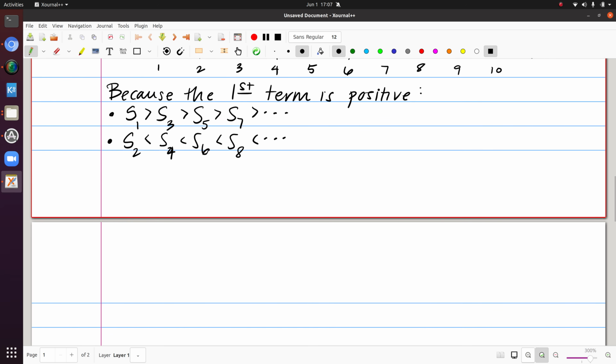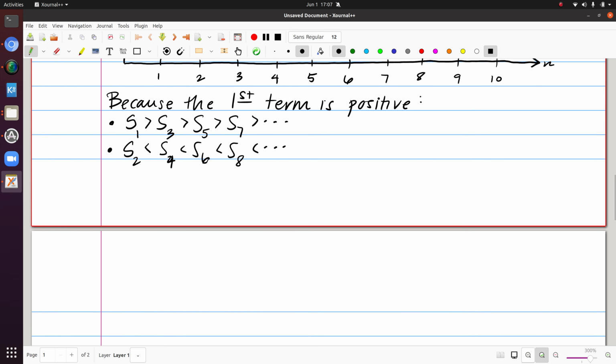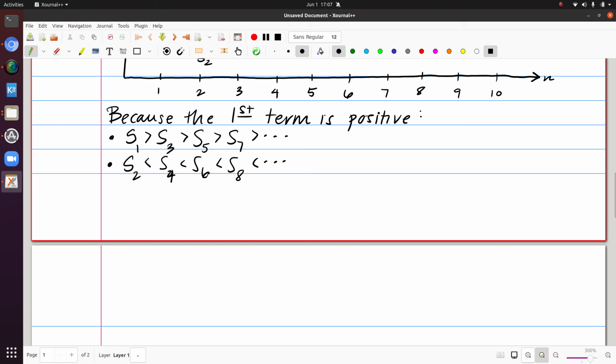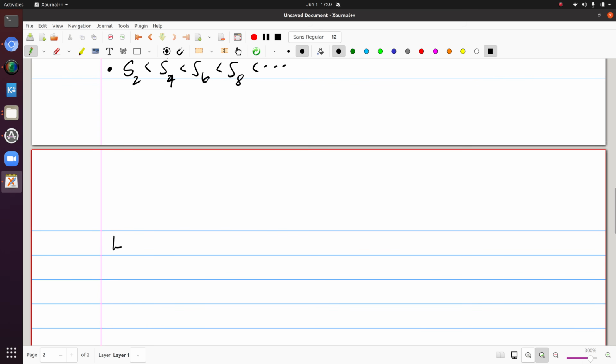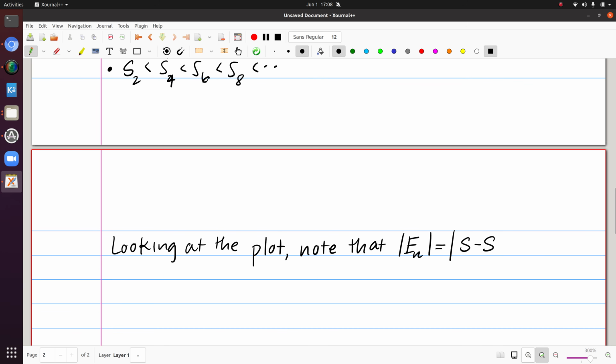Now, with that in mind, what I want to think about is how we can use this to find a bound on the error. So looking at the plot of the partial sums, we can see that when I'm talking about the absolute value of the error, E sub n, again, that's the absolute value of the sum minus the nth partial sum.